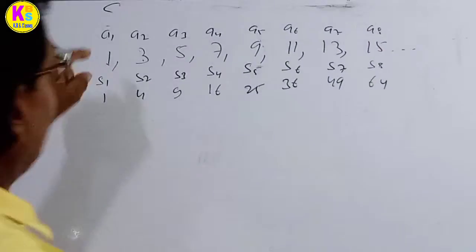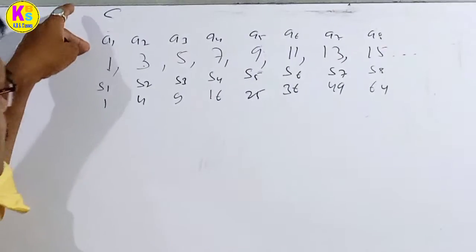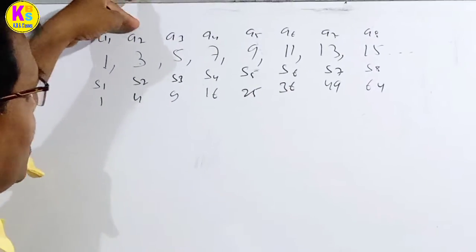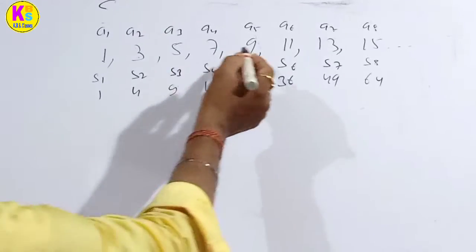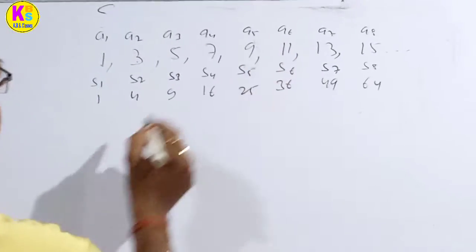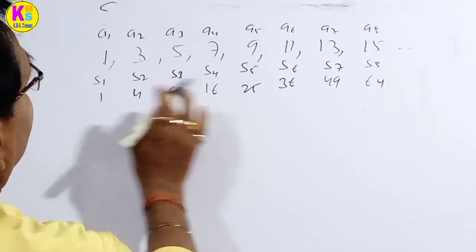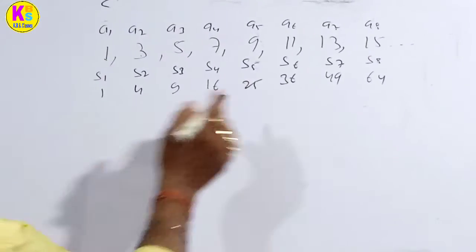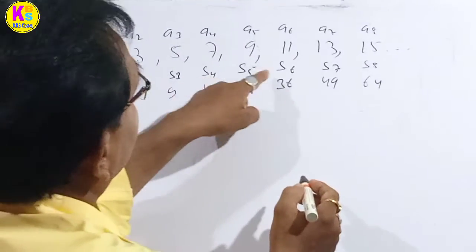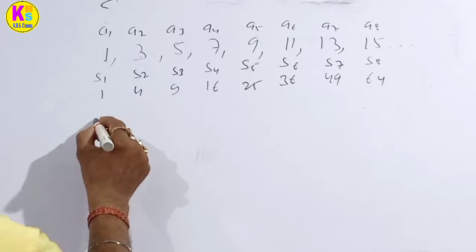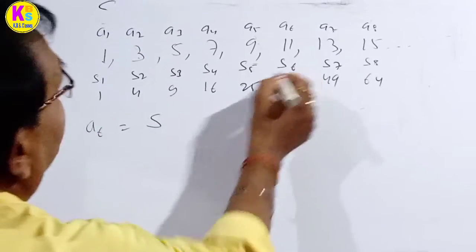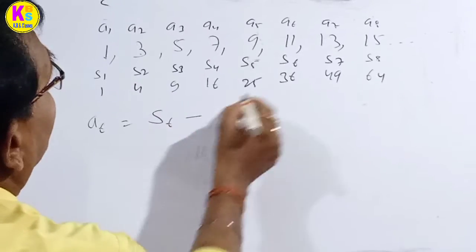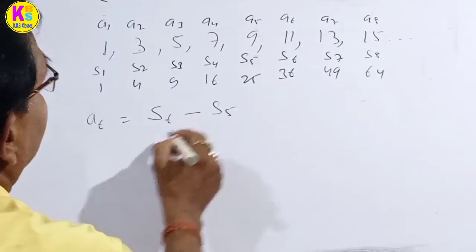First, why have I written here both the terms A1 and the sums? See here, if any term is to be found, then from the sum we can find the term. Suppose you have to find the sixth term. A6 is equal to S6 minus the previous one, S5.